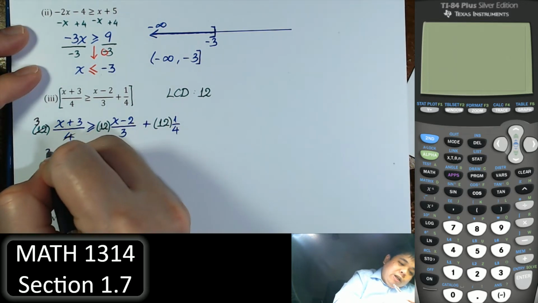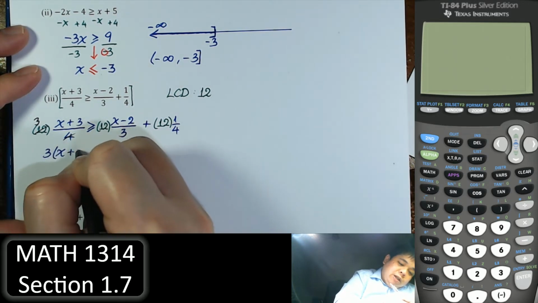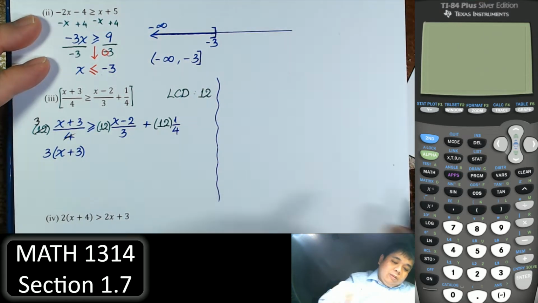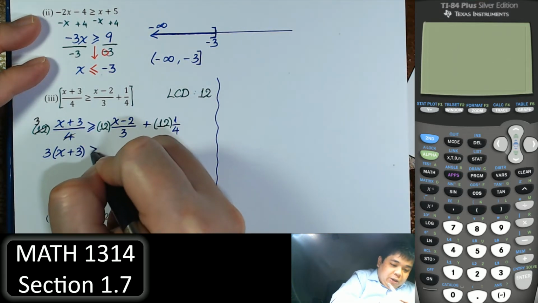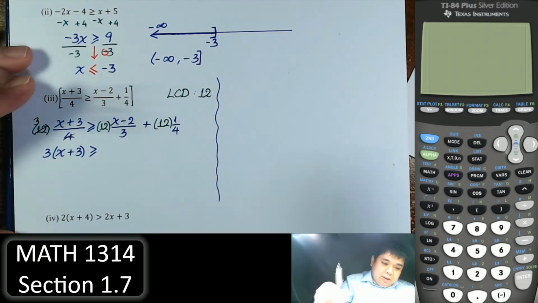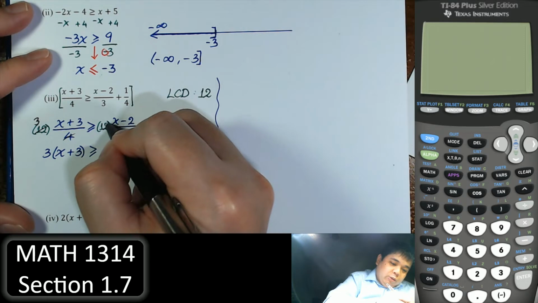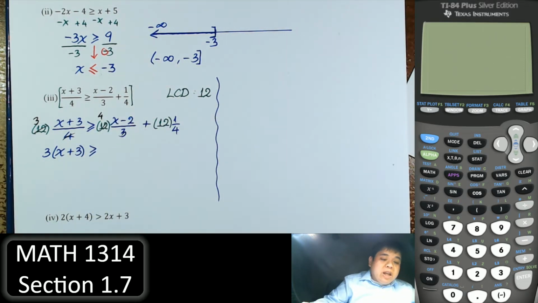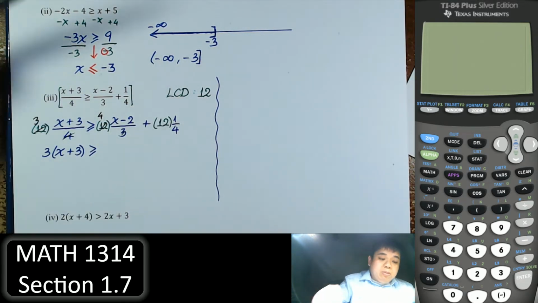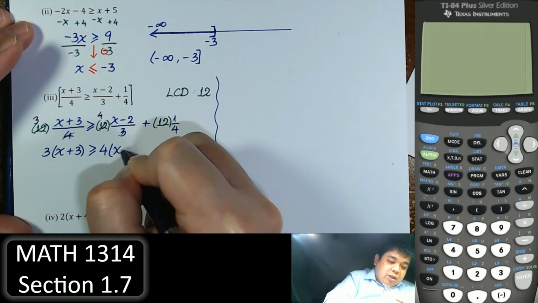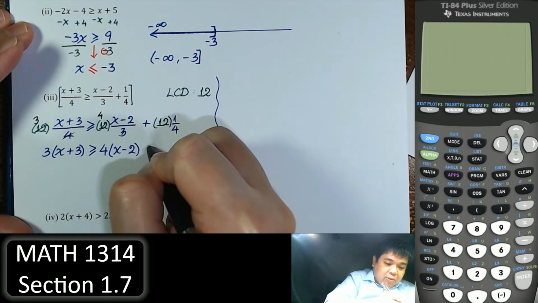So we have 3 x plus 3 greater than or equal to 12 and 3, that will be 4. Notice that because we multiply by a positive number, we do not reverse the inequality. We only reverse the inequality when we multiply or divide by a negative number.